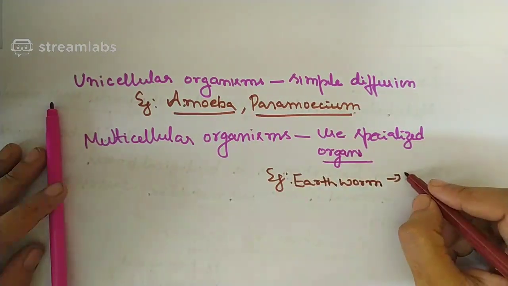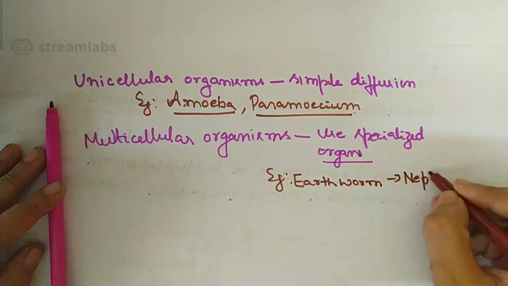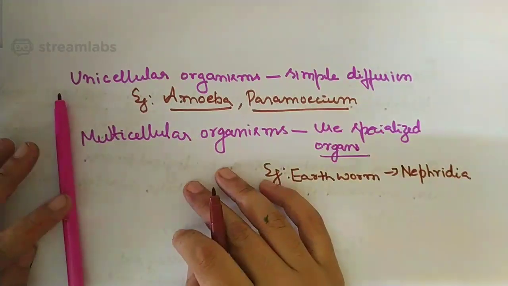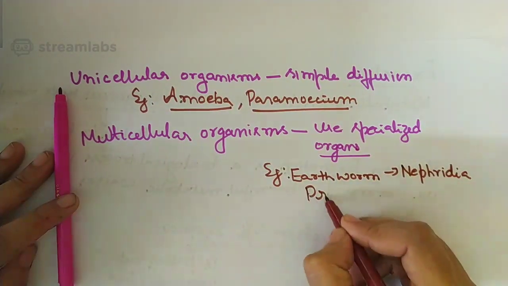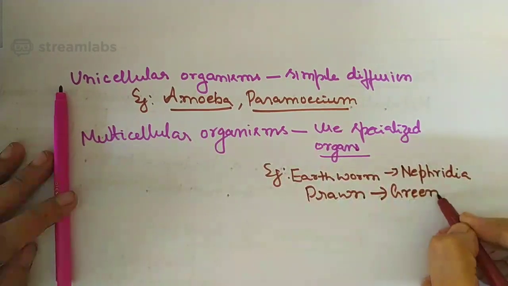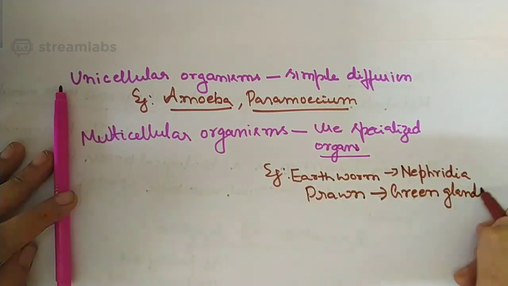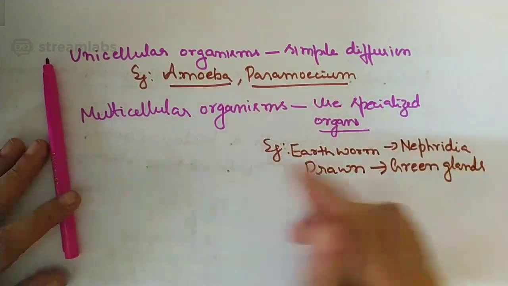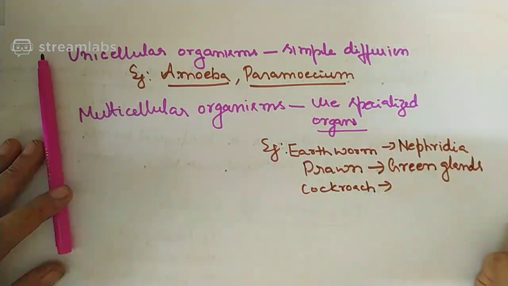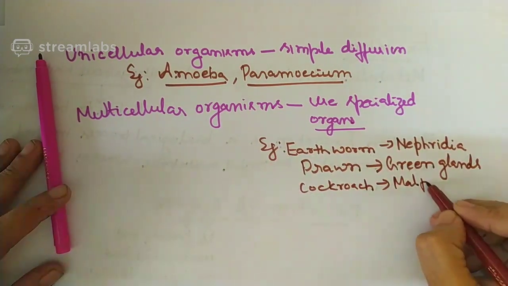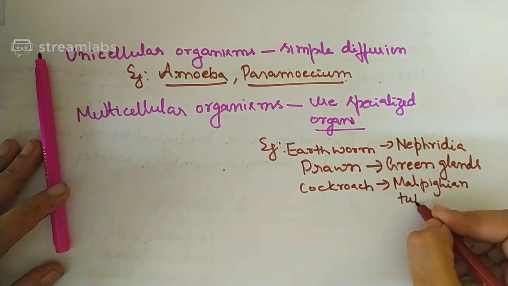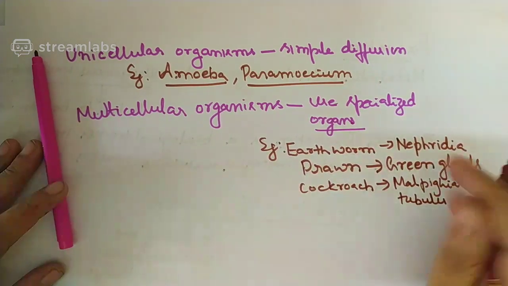it is a tube-like structure called nephridia, which is going to help in the excretion. And if you have seen prawns, in prawns there are green glands, which help in excretion. Cockroaches have Malpighian tubules, which help in excretion.